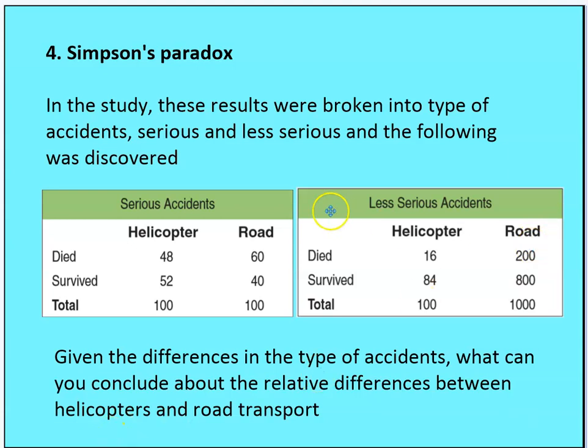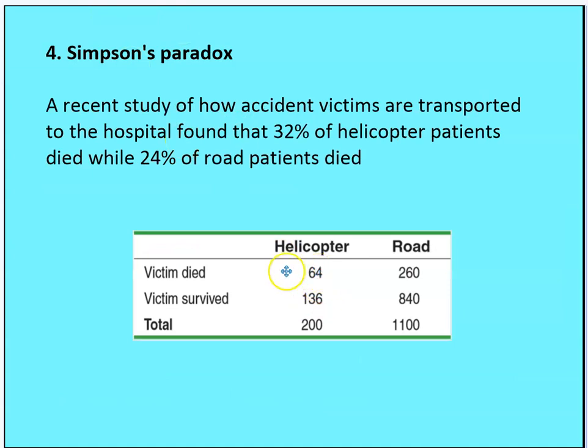So here is the paradox. In the prior analysis, we said the relative number of victims who died was greater for helicopters: 32% of helicopter patients died. And that was greater than the 24% of road patients who died.